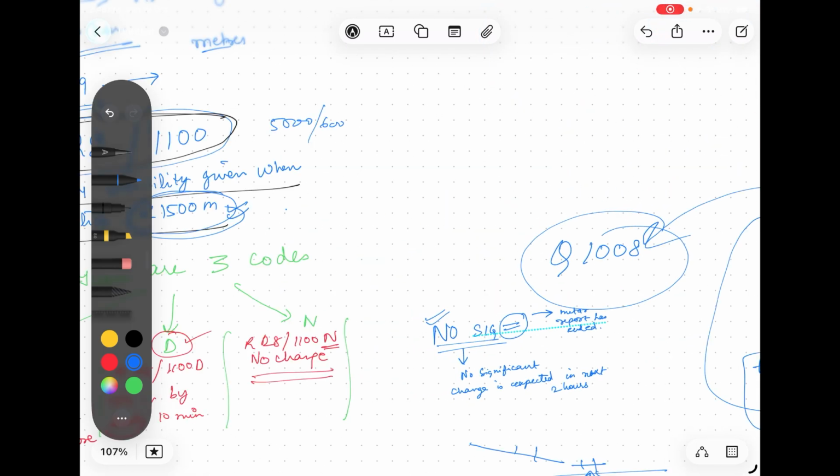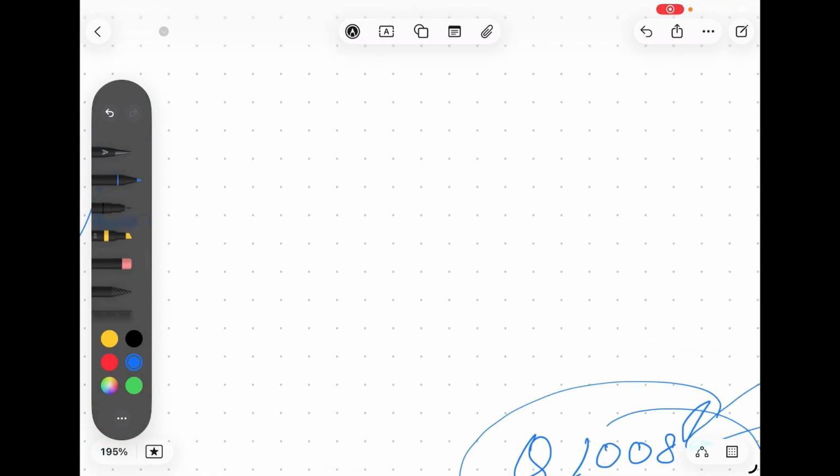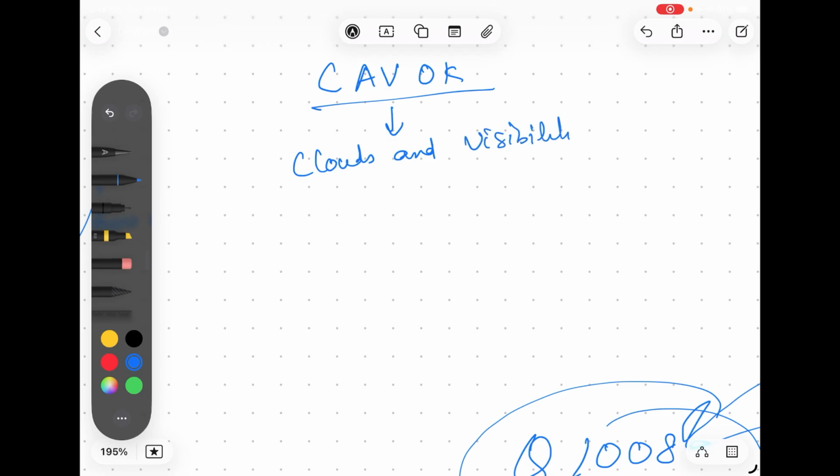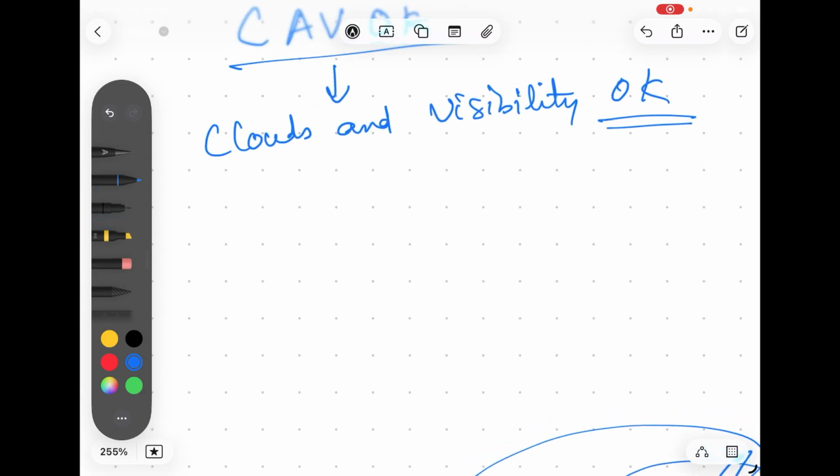Okay. Now there is one more term that I wanted to talk about when I was talking about clouds. There's something called CAVOK. So CAVOK, the full form is clouds and visibility okay. That means visibility, RVR, weather, clouds, everything here. So what does this hold? This term holds very important points.